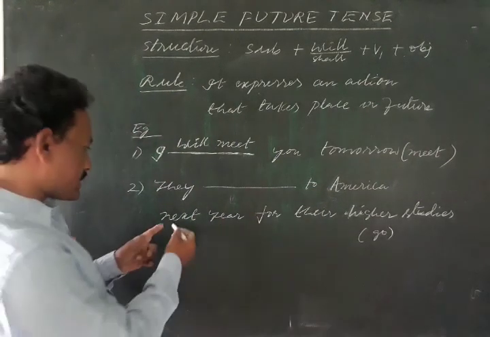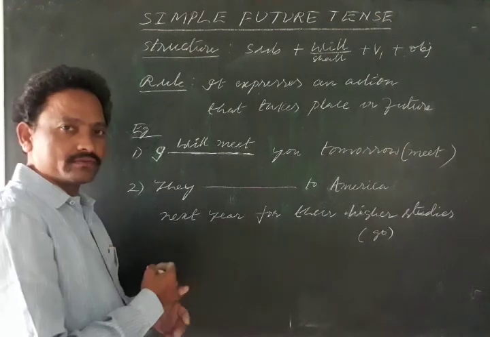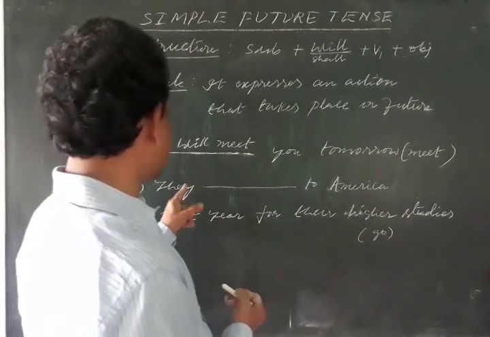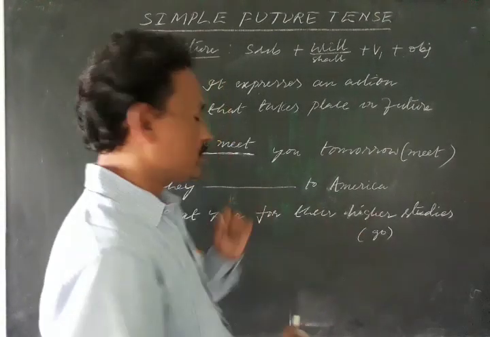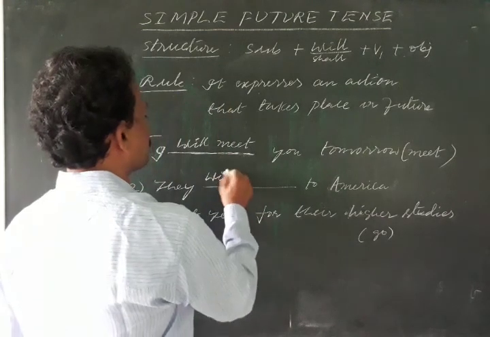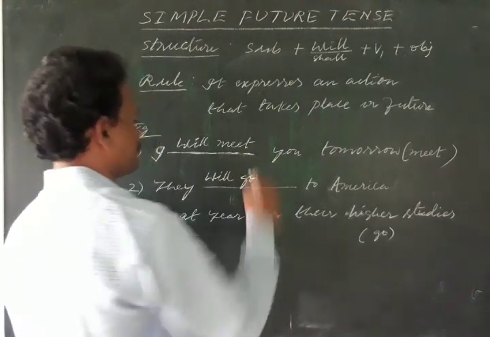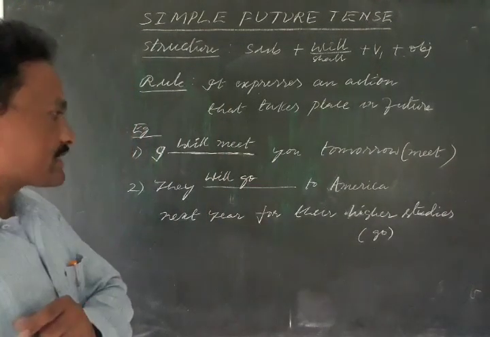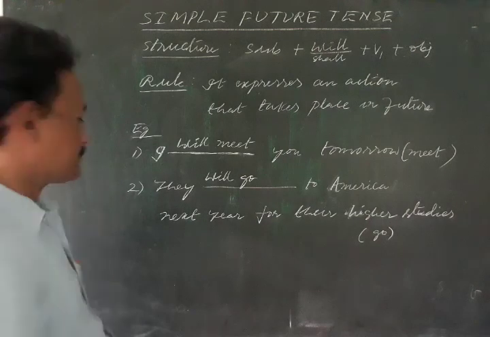The verb here is go. What is the keyword here? Next year is the keyword. What is the subject? They. Verb, go. So they will go. They will go to America next year for their higher studies.